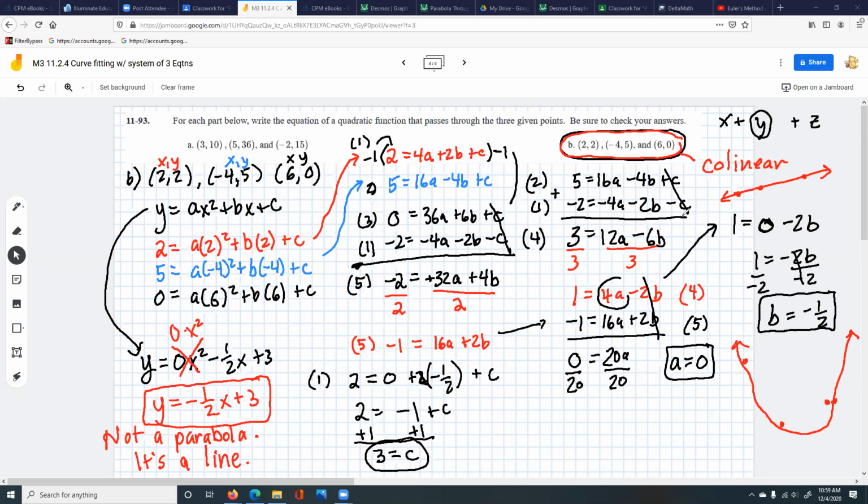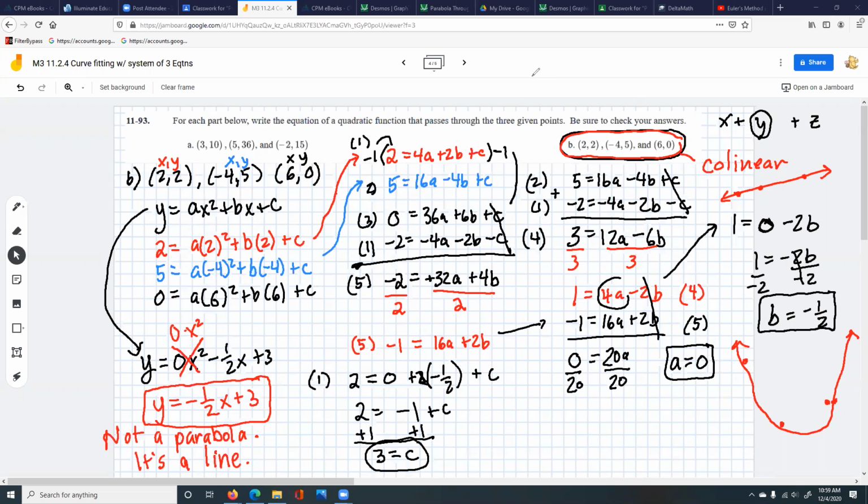So you never want to pick 3 points in a line. So that's what happened here. And if you go back to the Desmos graph, if you noticed when I first graphed it, it was a straight line. I kind of quickly erased it because I didn't want you to see that ahead of time. But if you get 0 for A, that means it's not a quadratic because this leading coefficient is going to be 0 and you're just going to get an X. So it's going to be a line.